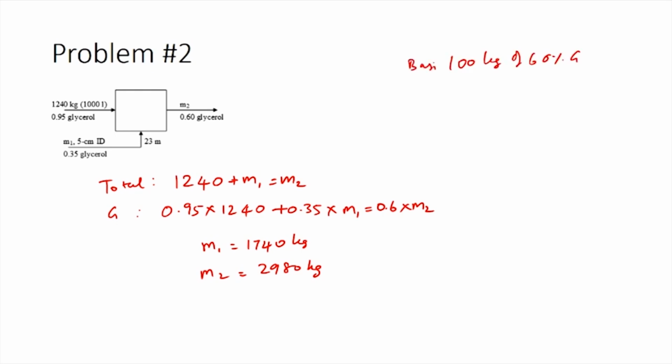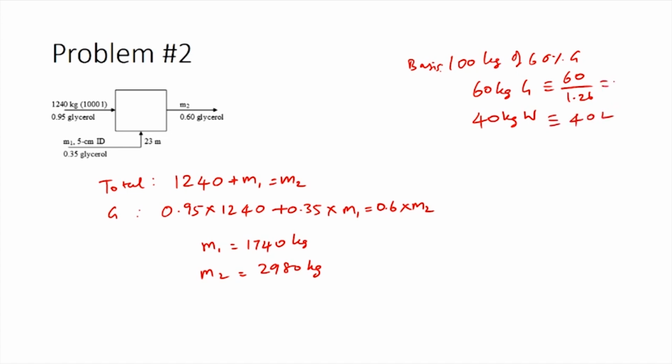This would contain 60 kilograms of glycerol and 40 kilograms of water. The volume occupied by 60 kilograms of glycerol would be 60 divided by the density, 1.26, and 40 kilograms of water would occupy a volume of 40 liters.